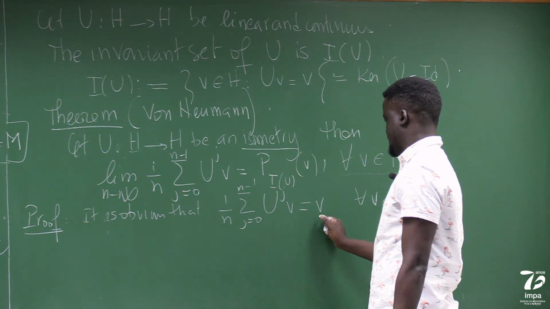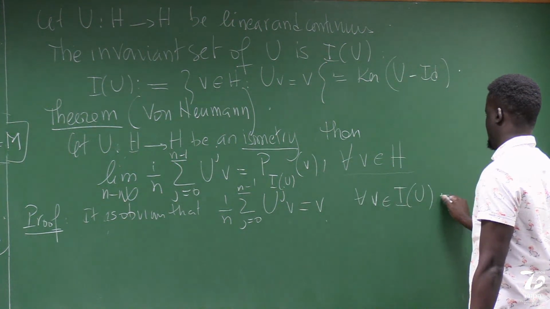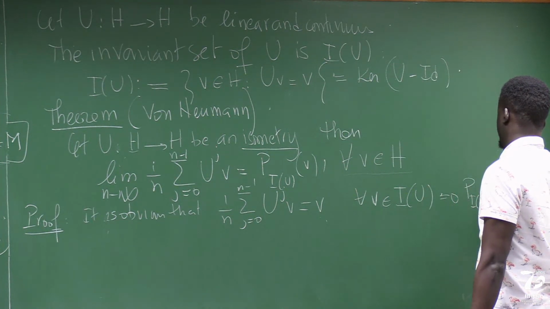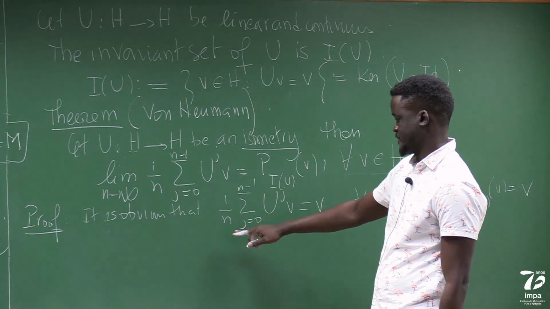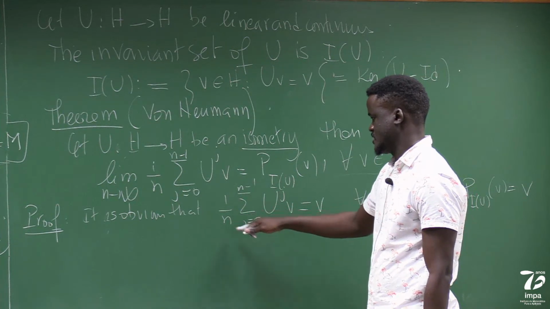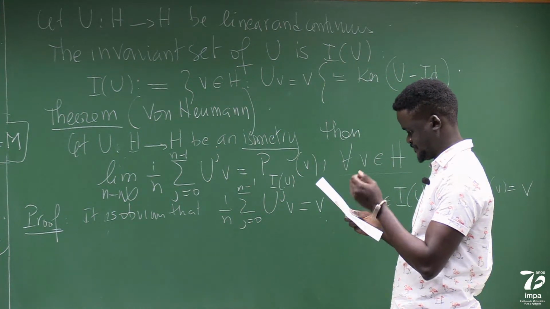And for v in here, you have P_{I_U} v equals v. So you don't even need to go to the limit, you have this equality at a finite step.